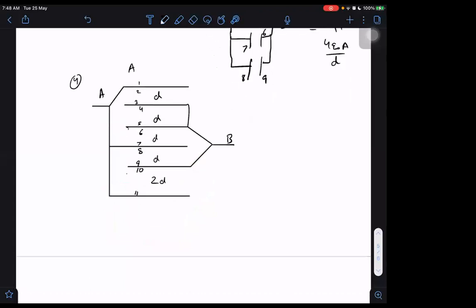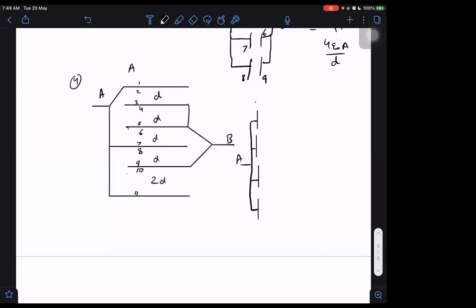Start with the numbers which are connected to A. Which are connected to A? 1, 2, 7. One we don't have to worry. 2, 7, 8 and 11. All these are connected to A. And what is in front of them?